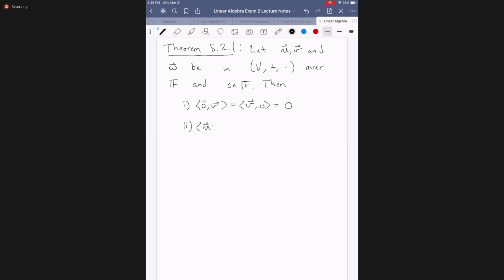Two, the inner product of U plus V with W is the sum of the inner products; this is just an extension of the other one. And three, the inner product of U with C V is equal to C times the inner product of U and V. So these are always true.